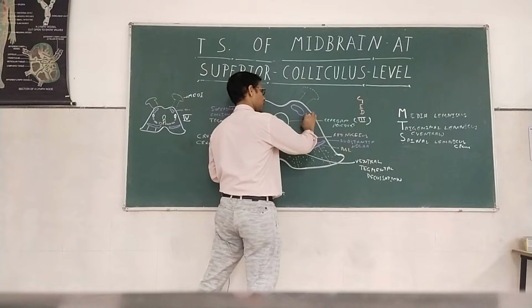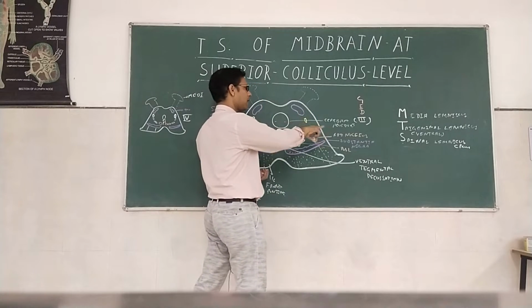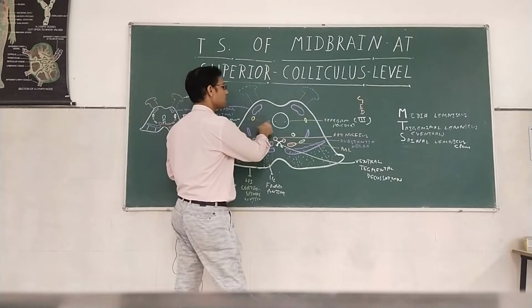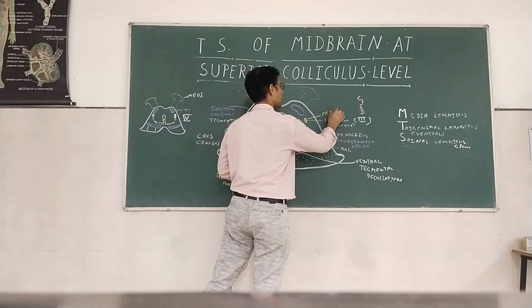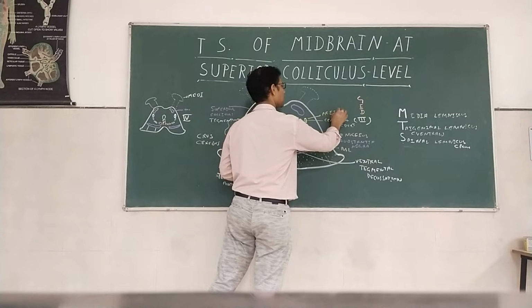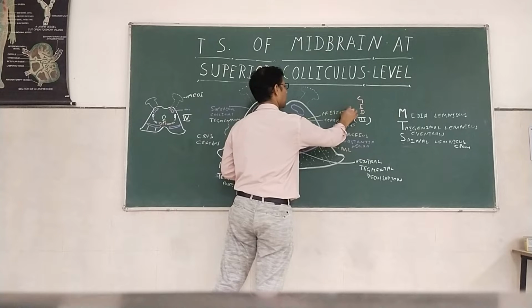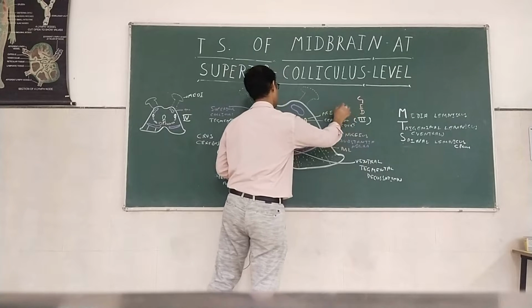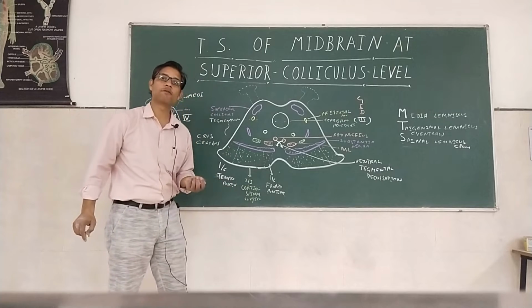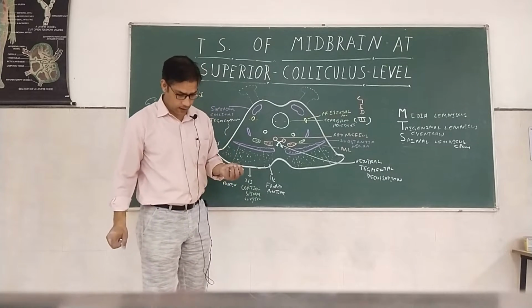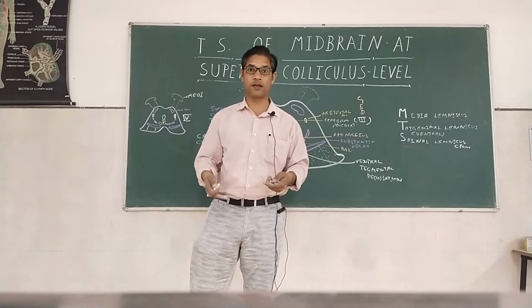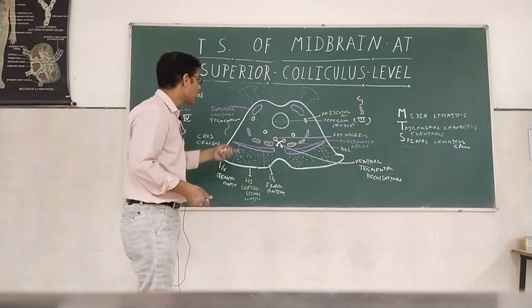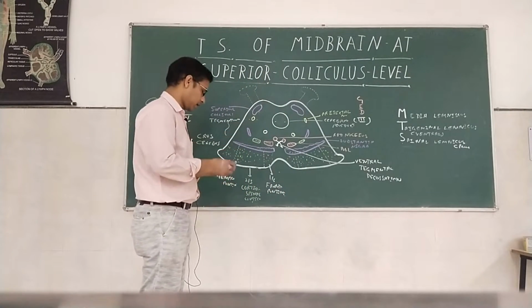In place of the lateral lemniscus, which was present earlier, another nucleus can be seen, the pretectal nucleus. Very interesting nucleus, and this is concerned with the pupillary reflex. We will discuss in the next few minutes how it is concerned with the pupillary reflex. Okay, that is the pretectal nucleus.